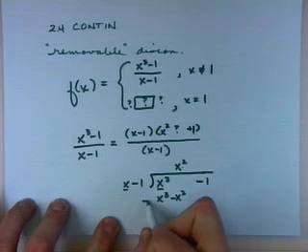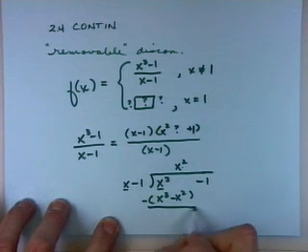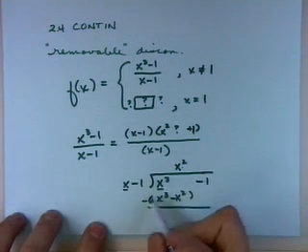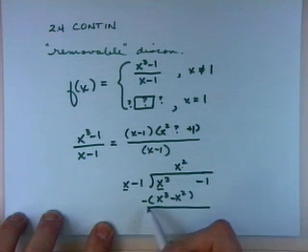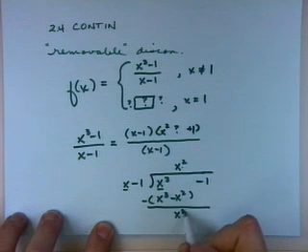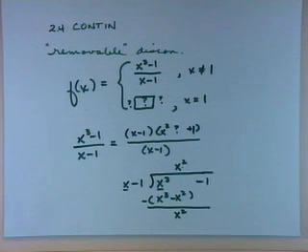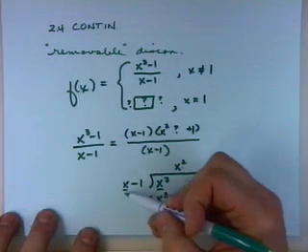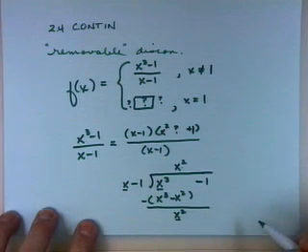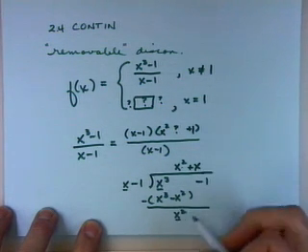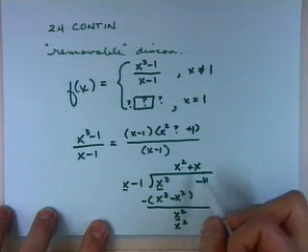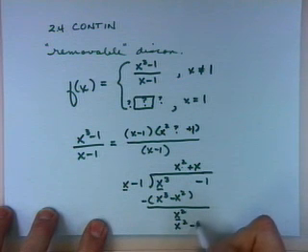Subtract it. x cubed minus itself, that was the intent, to get rid of that. 0 plus x squared is x squared. And now let's go again. How many times does x go into x squared? x times. x times x is x squared, and x times minus 1 is minus x.